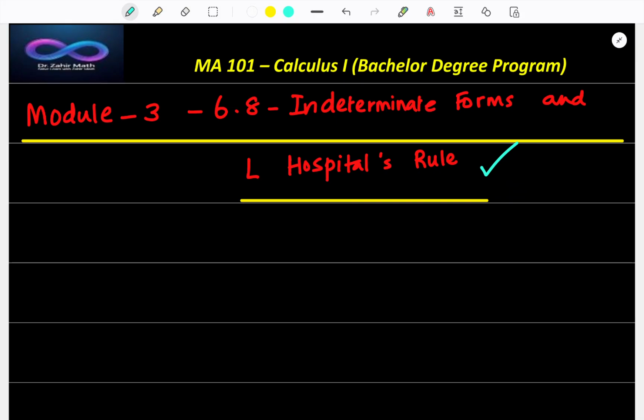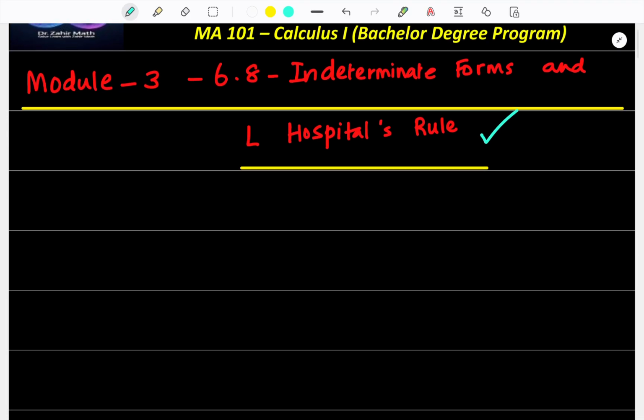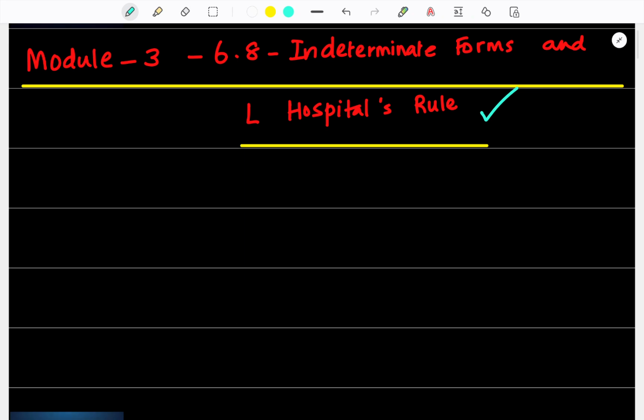So in 6.8, before going to this rule, I will tell you what the rule is and what formulas you have to remember. What is the standard L'Hopital rule?